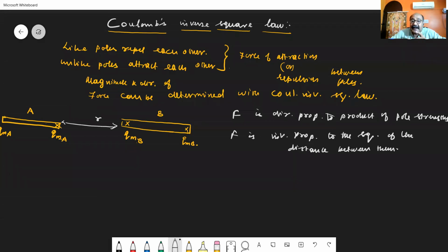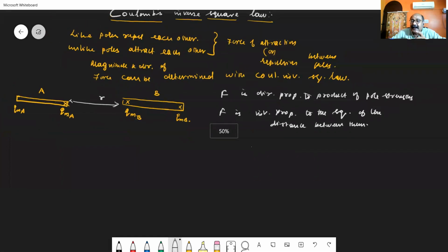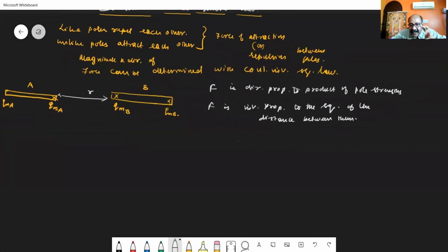How can you write it mathematically? As you have studied in electrostatics, here also you can write like this. The force F is directly proportional to the product of the pole strengths, QmA and QmB. Similarly, the force F is inversely proportional to 1 by the square of the distance between them.